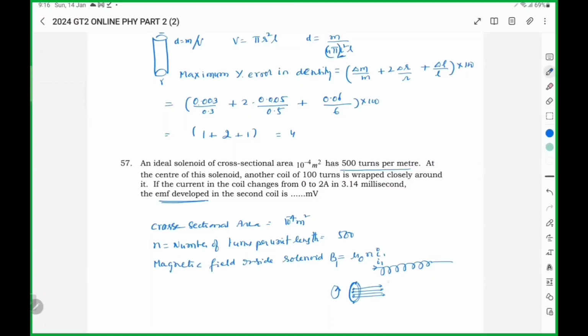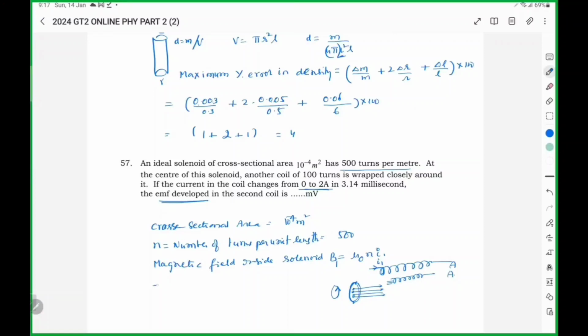Here, the second coil is another solenoid having the same cross-sectional area. So because of the current through the first solenoid, here the current changes, and flux changes in the second solenoid. So what is that flux will be calculated.